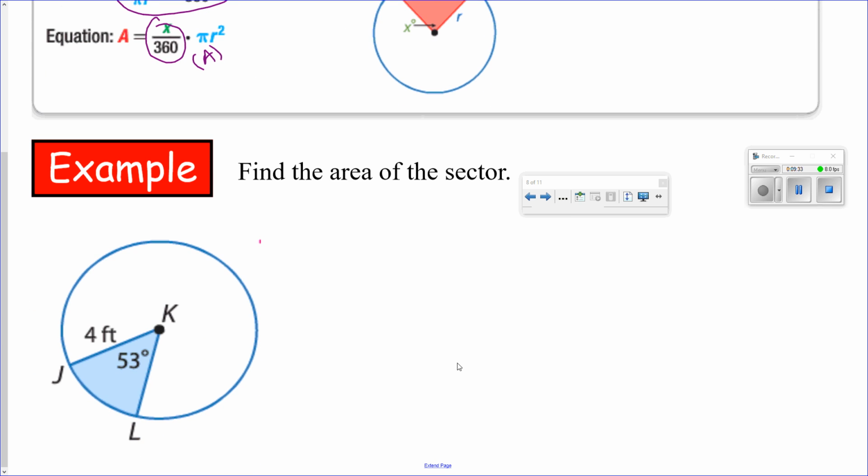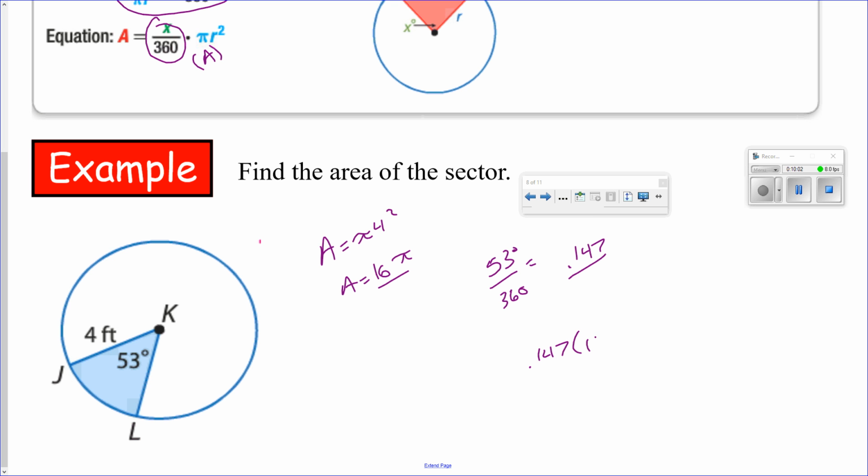So for example, this guy. I first need to find the area of the circle. Area of the circle is equal to pi r squared, so pi times 4 squared. So area is going to be 16 pi. I'm just going to leave it like that for now. This is 53 degrees divided by the total 360. That is 0.147 of the total circle.